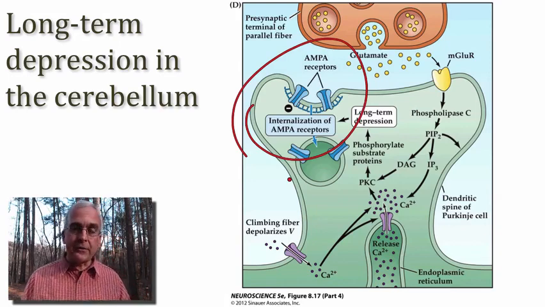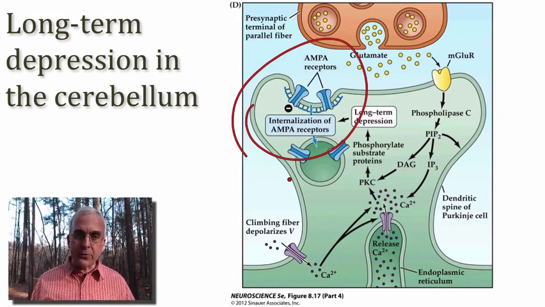And indeed, this is the molecular mechanism that expresses long-term depression at this synaptic connection. The trigger that induces this internalization is perhaps a bit unexpected. It involves glutamate, as have our other mechanisms of synaptic plasticity that we've discussed, except the NMDA receptor does not appear to be involved in this story.